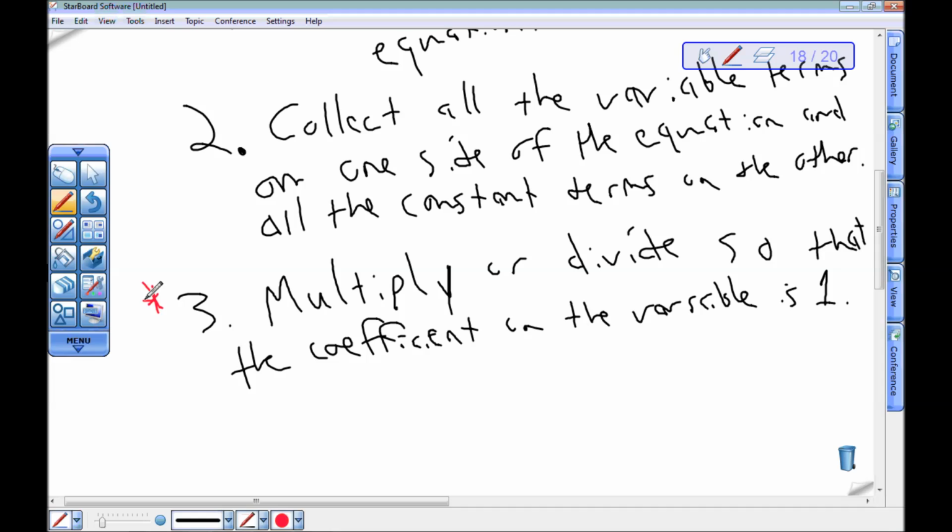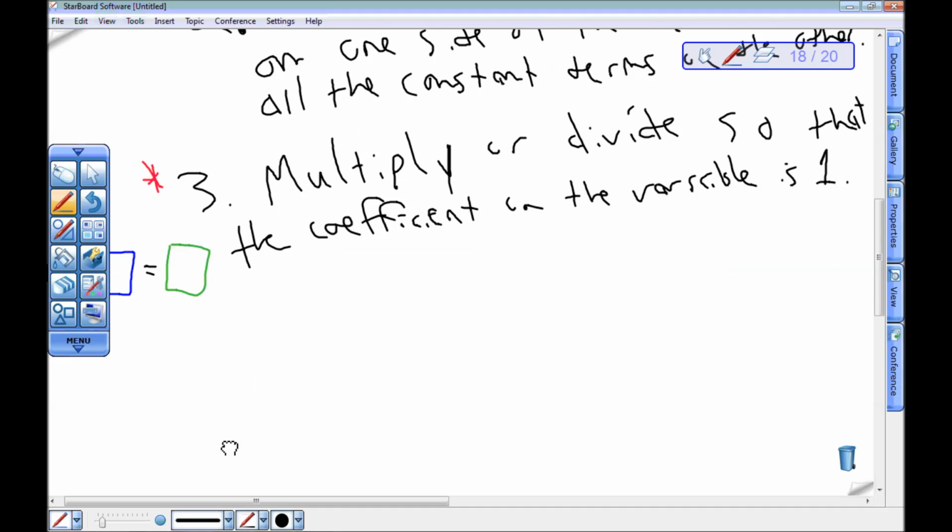Don't do this step until you've got one thing over here equals one thing over there. If you try to do it any sooner than that, you could make a mistake and it's not worth it. So don't do that third step until you're sure multiplying or dividing will just leave you with your variable equals something and you just have to multiply or divide that other side by one thing.